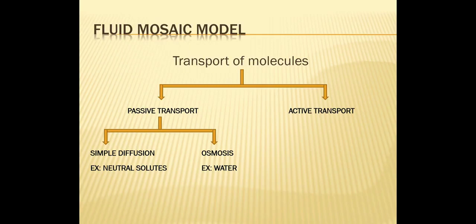In passive transport, you will see that during this transport, many molecules move across the membrane without spending energy. That means energy is not required in passive transport. And this passive transport can be done in two different ways. One is simple diffusion and second one is osmosis.